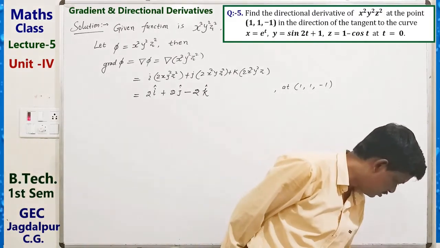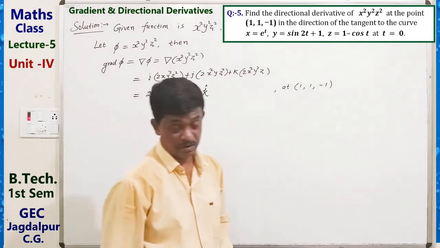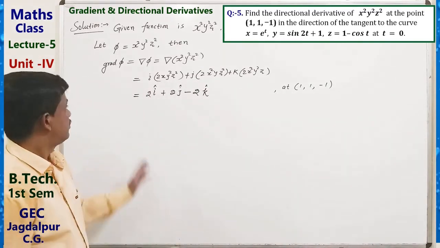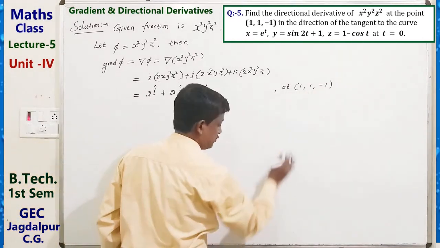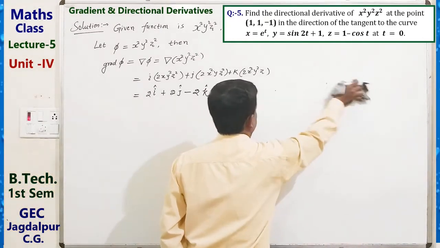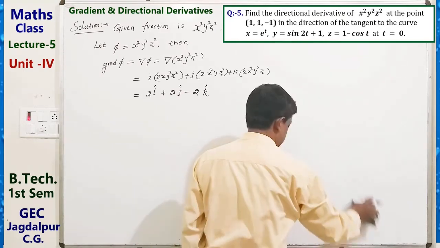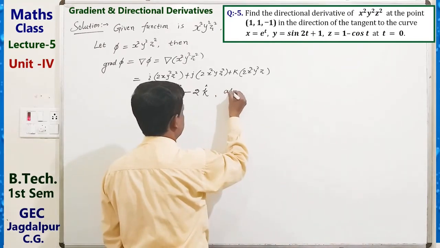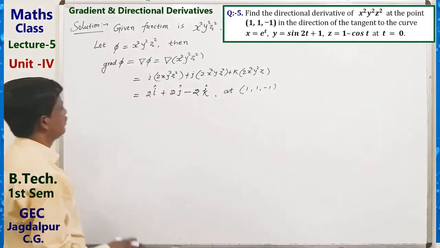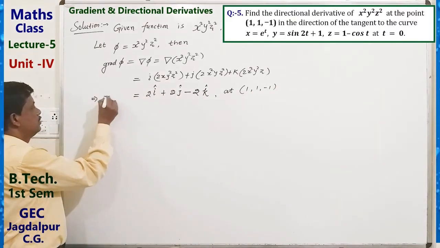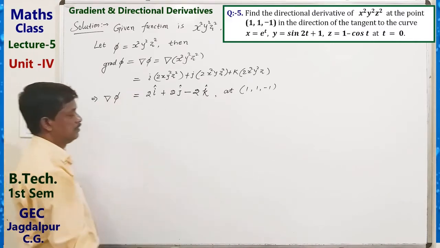Now this is gradient phi at 1, 1, minus 1, implies del phi.